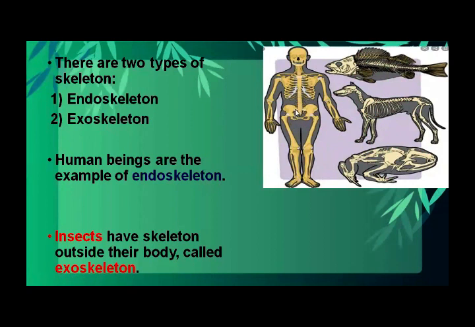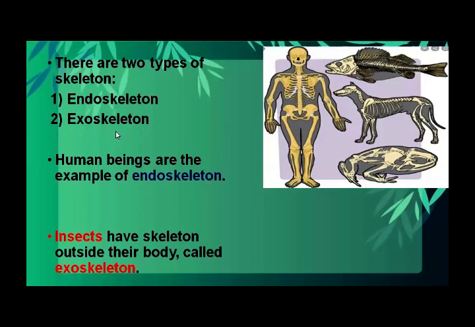As you can see in the picture, human beings are an example of endoskeleton, because the skeleton is inside their body. A fish, a dog, and a frog are also examples of endoskeleton.